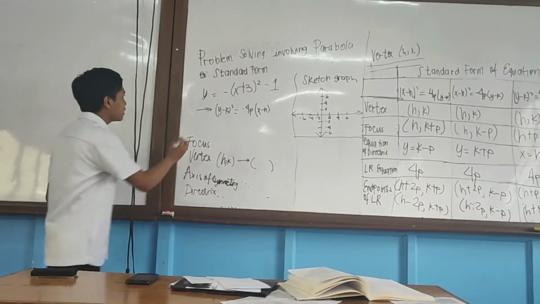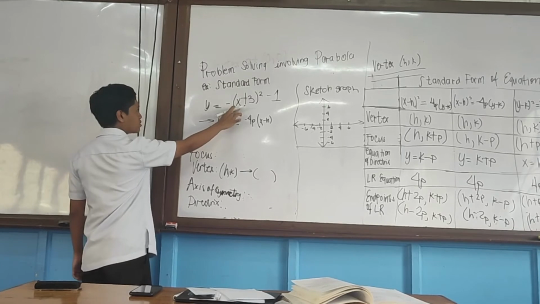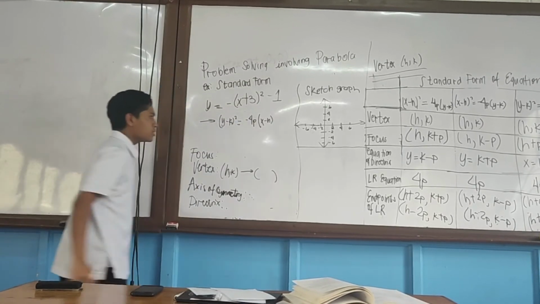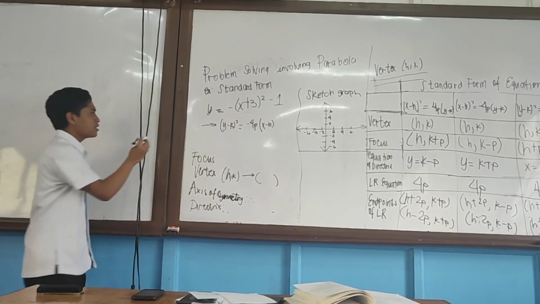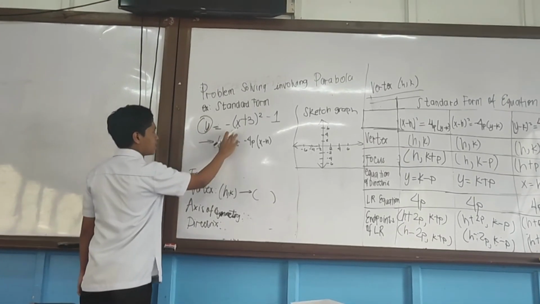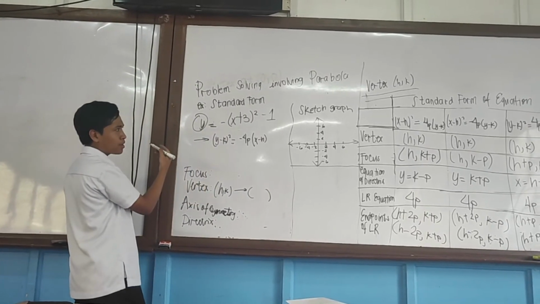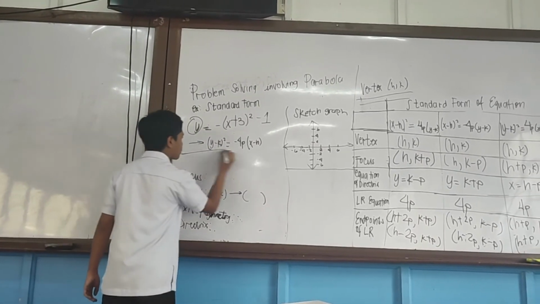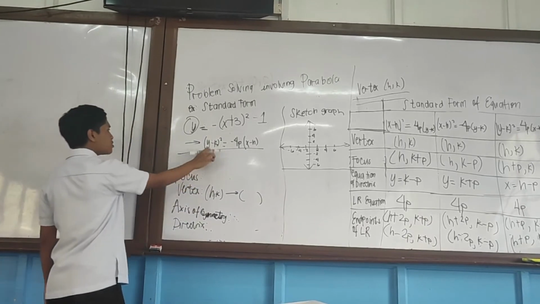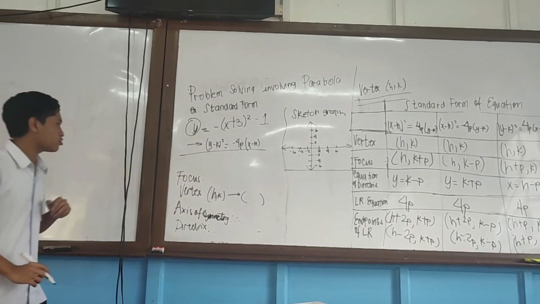So I have here an example of y = −(x + 3)² − 1. So as you can see, we have here y in equal form and inside is the x. Therefore, our standard form of equation in vertex form is (y − k)² = 4p(x − h).